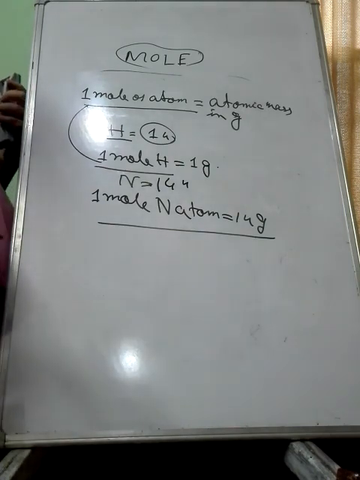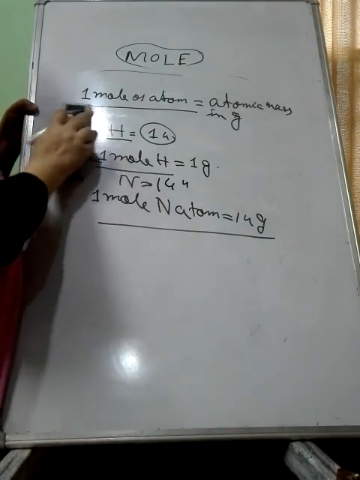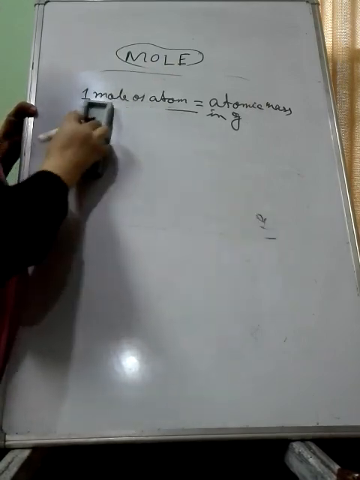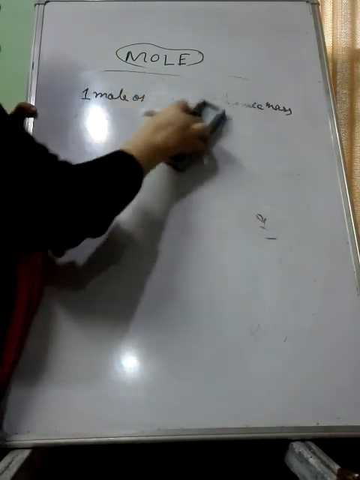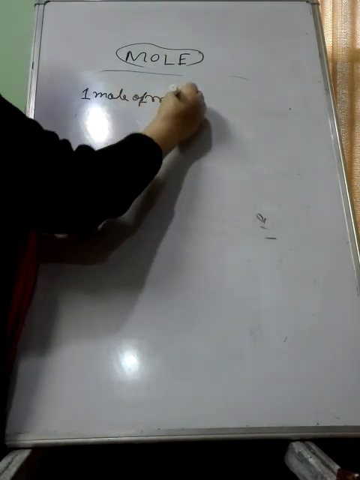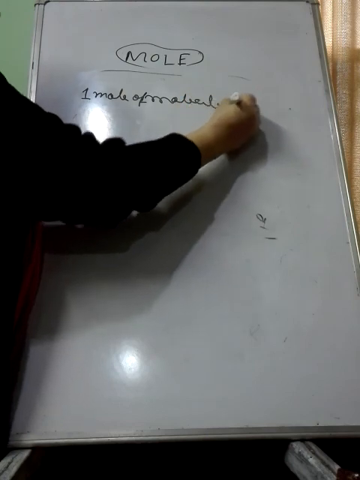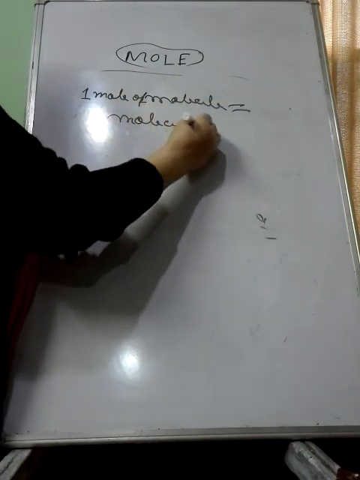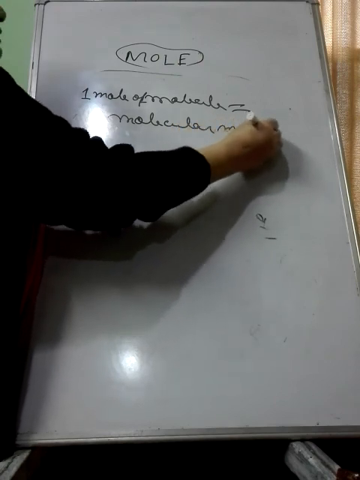Similarly for molecules also. 1 mole of molecule is equal to molecular mass in gram.